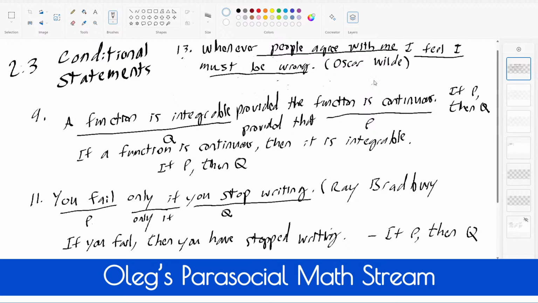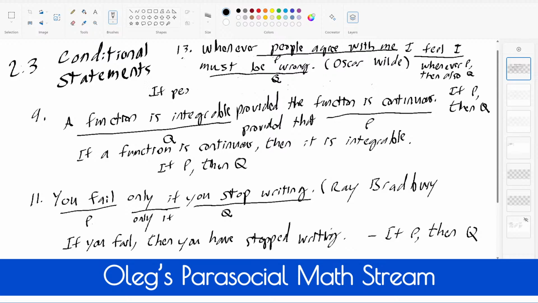Let me write over here. Okay. P, Q. Whenever people agree with me. So instead of whenever, now we flip it to the if P then Q form.